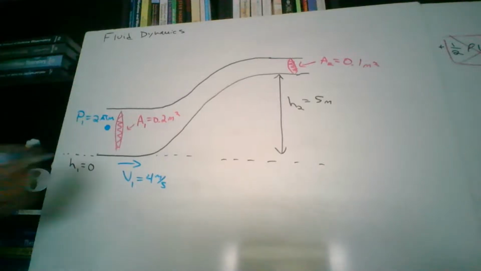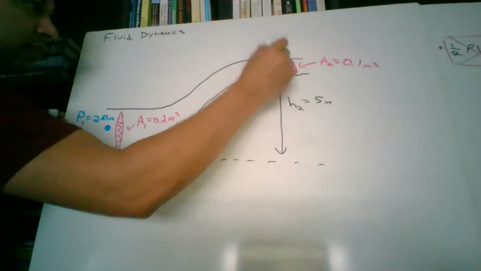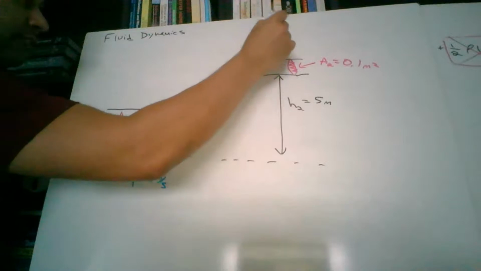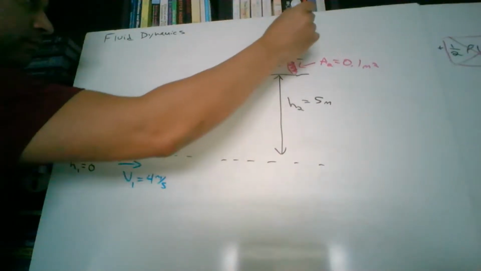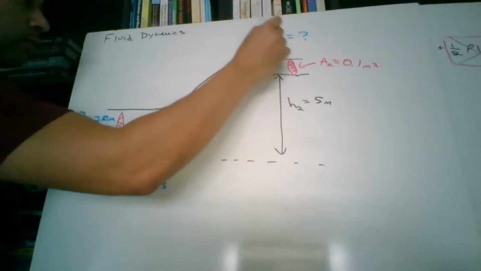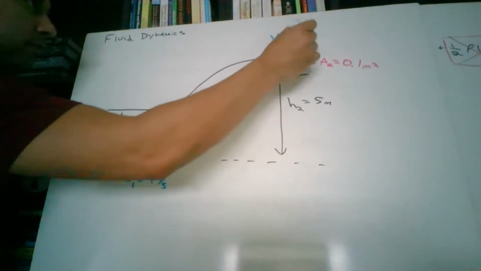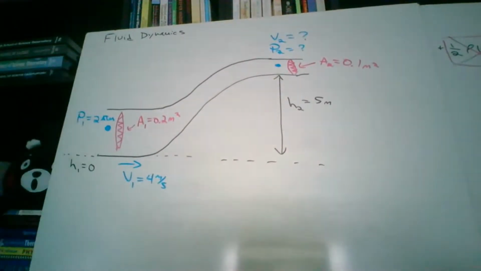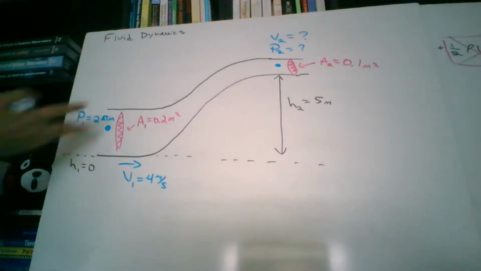And what I want to know is what is V2, and I want to know what the pressure at that height is also going to be. Did I miss anything? I think that should be everything. Oh, and this is water still.